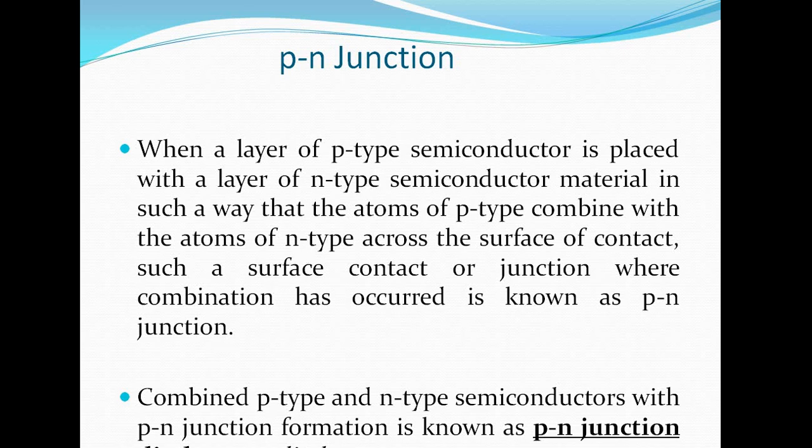The combined P type and N type semiconductors with PN junction formation is known as a PN junction diode, or simply a PN diode.